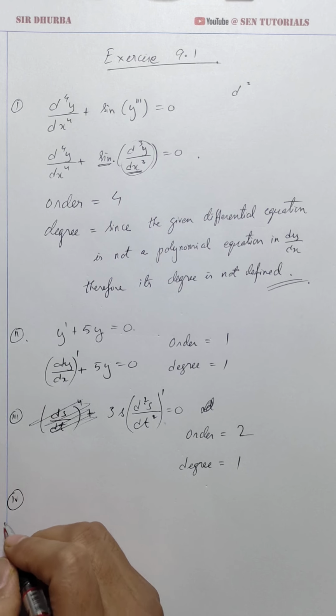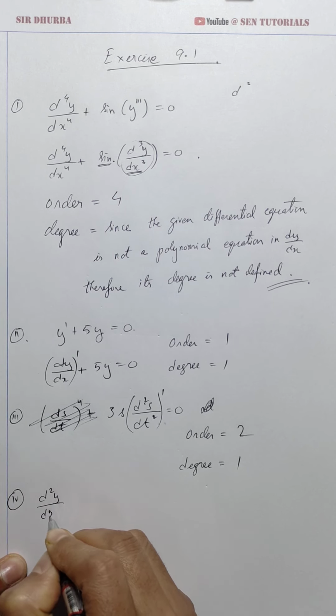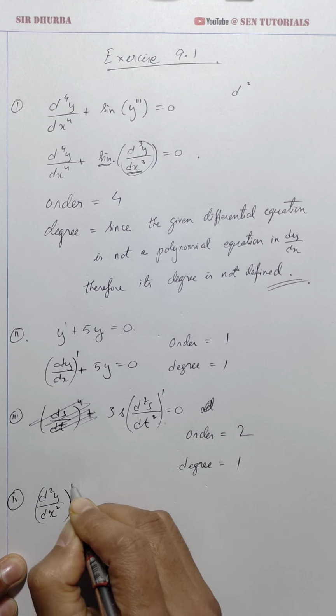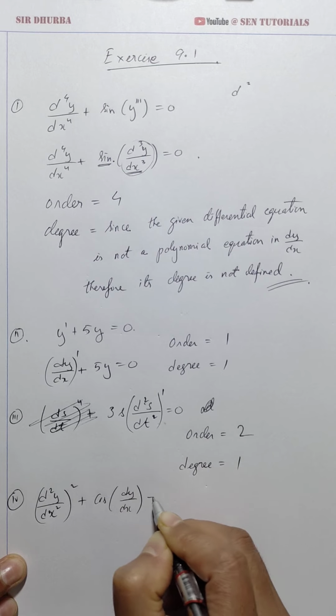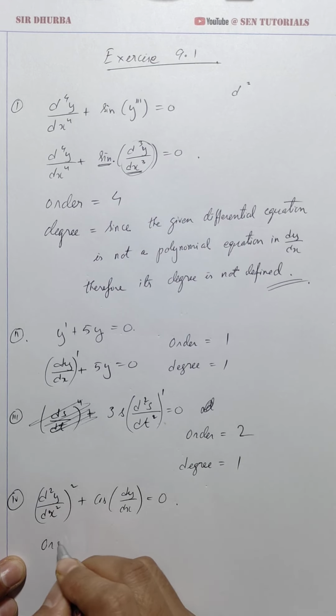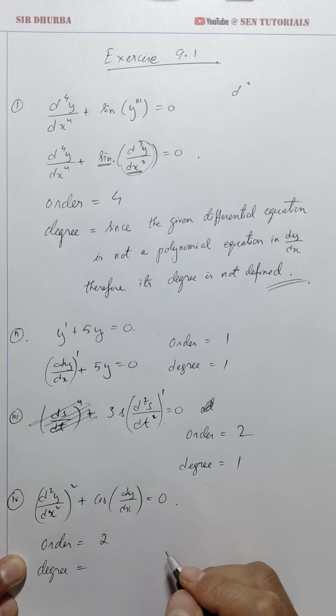Number 4, d square y by dx square whole square plus cos of dy by dx is equal to 0. So you know the answer. What will be the order here? Order of course is 2. What will be the degree here?